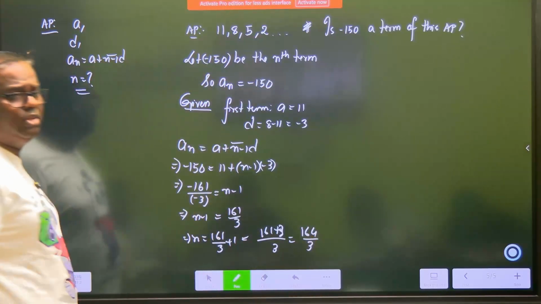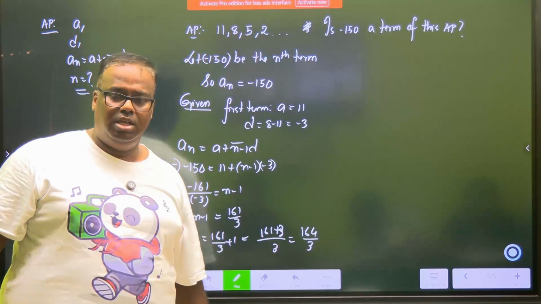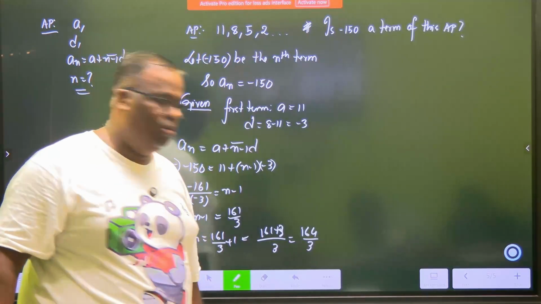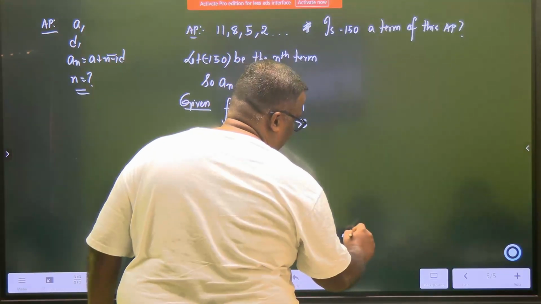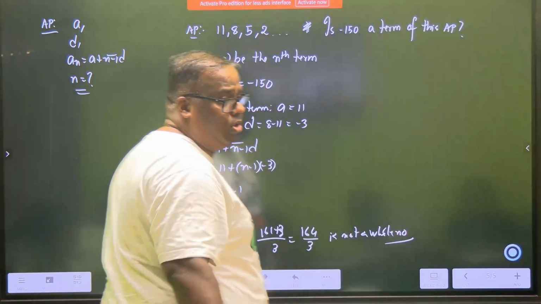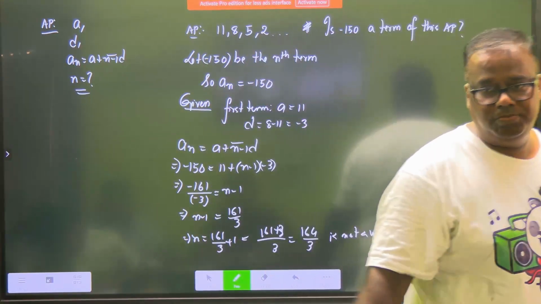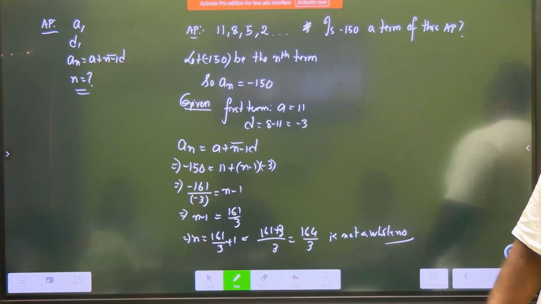Do a mental calculation. 6 plus 1 is 7. 7 plus 4 is 11. Is this divisible by 3? No. And we write is not a whole number. It's not a whole number. You're not getting n as a whole number. Therefore, minus 150 does not belong to this AP.